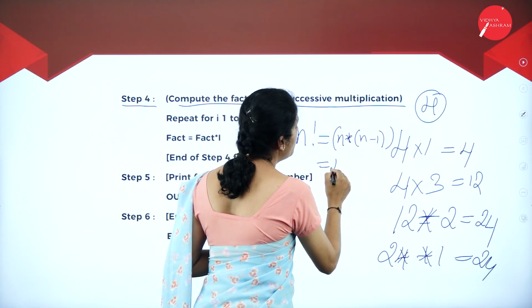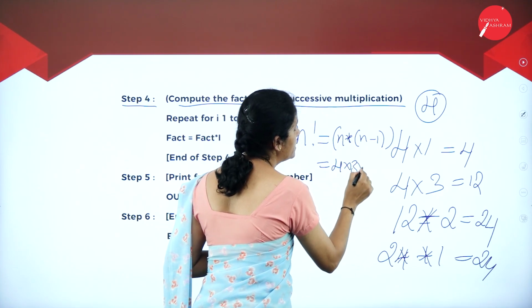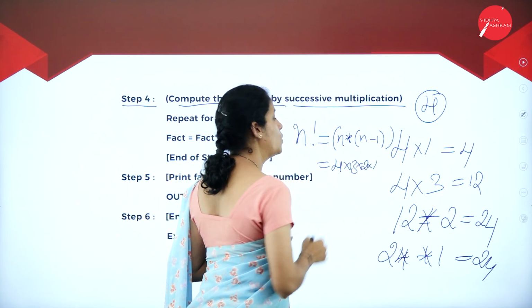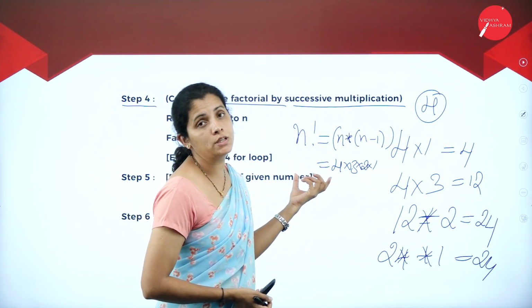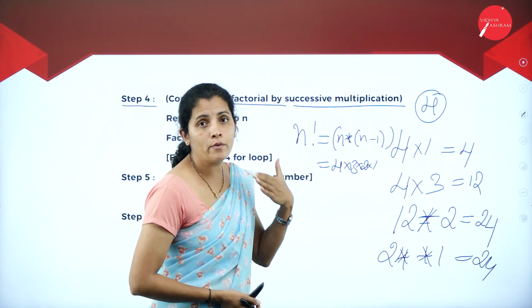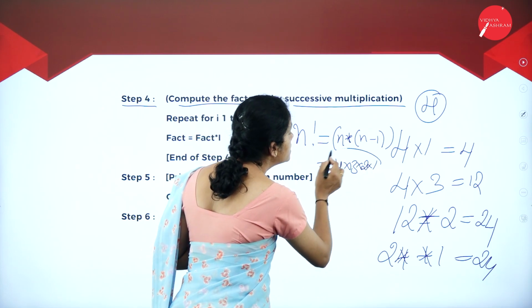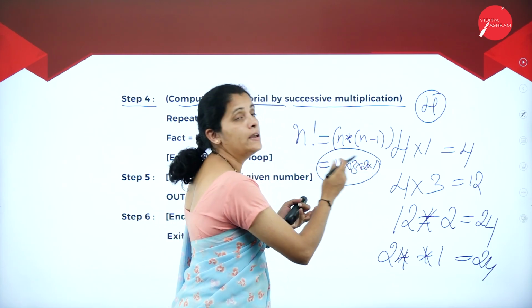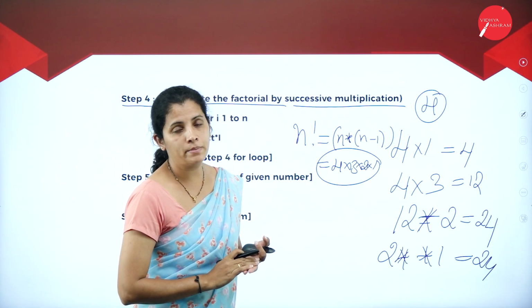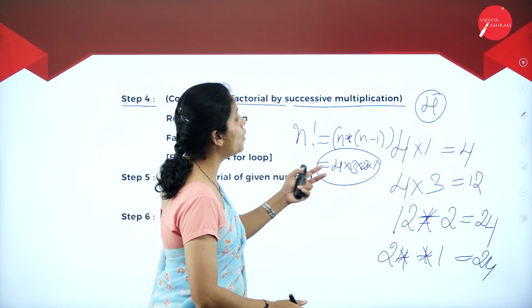That is 4 into 3 into 2 into 1. So, this is the actual solution I have. Now, I want to convert this real-time solution to my computer understandable form. For that reason, what will I do?